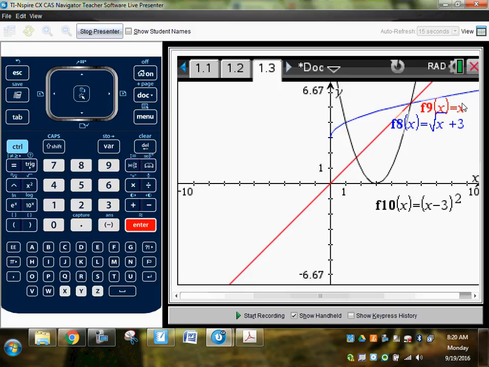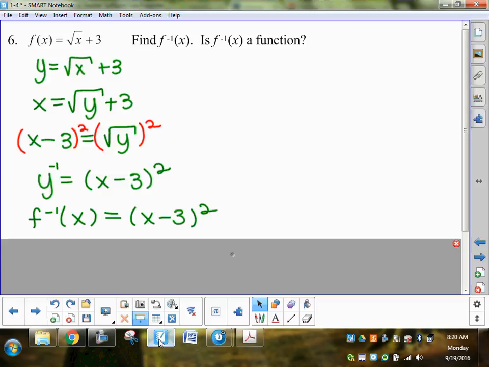Is it to the left of the 3 or to the right of the 3? To the right. So that means, are the x's over here bigger than 3 or less than 3? I'd say bigger. So I say this is my inverse, so long as the x is greater than or equal to 3.